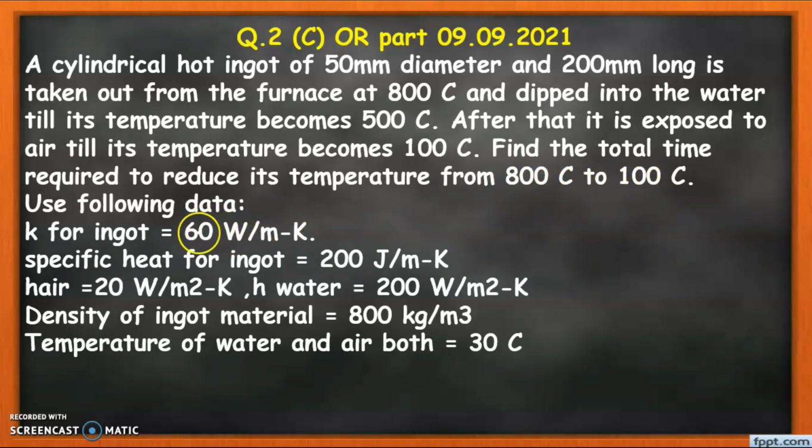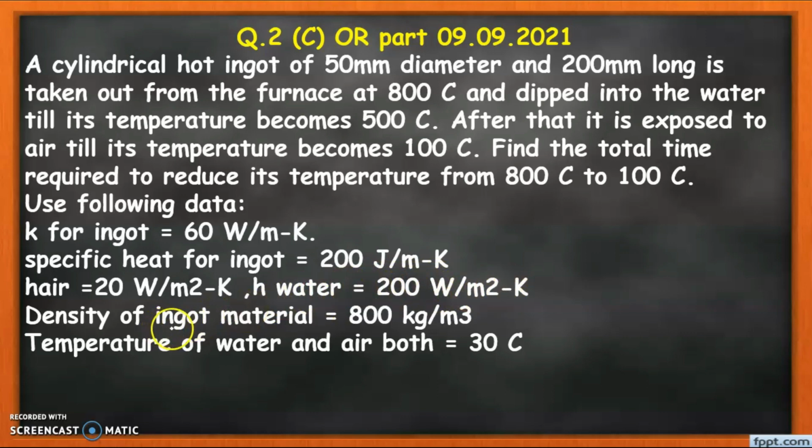Use the following data. The thermal conductivity of the ingot is given, that is 60 watt per meter Kelvin. The specific heat of the ingot is 200 joule per kg Kelvin. The convective heat transfer coefficient for air is 20 watt per meter square Kelvin, and for water it is 200 watt per meter square Kelvin.